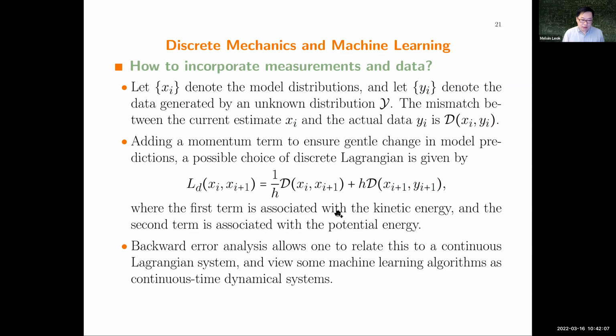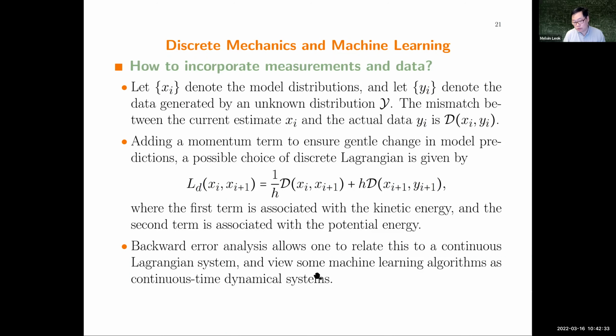So anyhow, that's a discrete time way of thinking about how one goes about defining some sort of information dynamics, if you will. There is this idea in numerical analysis called backward error analysis, which allows you to relate this to a continuous time Lagrangian system.